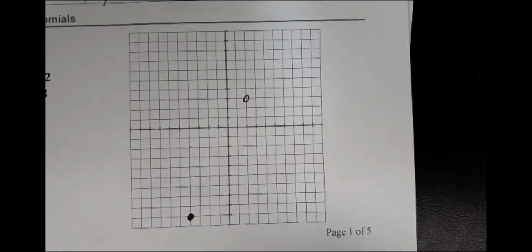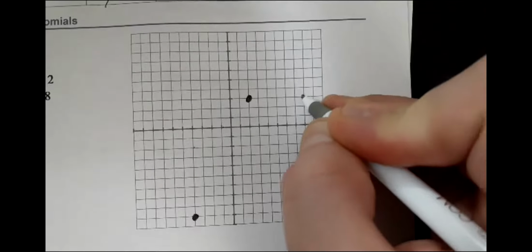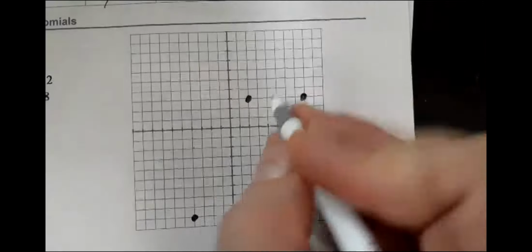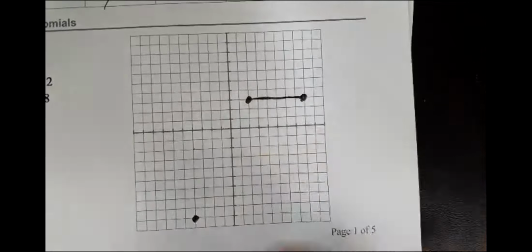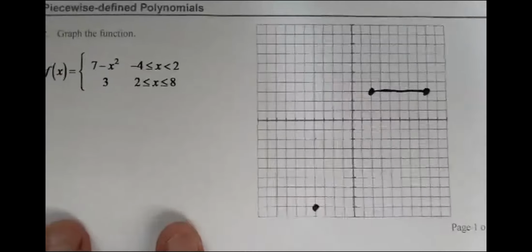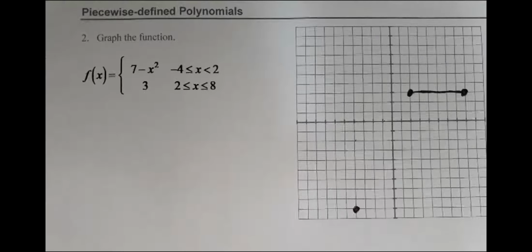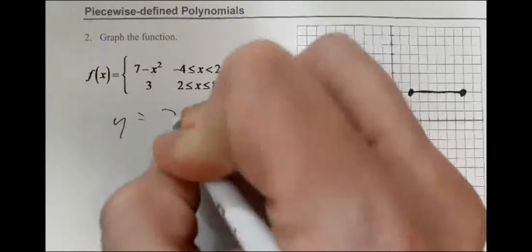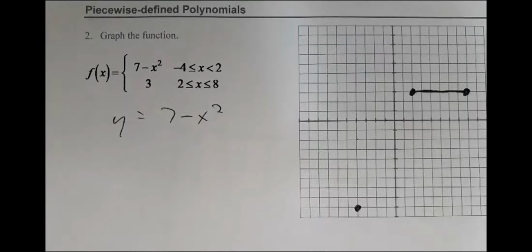And then the other one picks up at 2, and I'm going to draw a line here. But I want to think just for a minute about how to do this. y equals 7 minus x squared. I don't draw a straight line. This graph is not a straight line. It is a square function, a quadratic. It should look like a parabola. It should have a little curve to it. So we have to think about what this curve is going to look like.